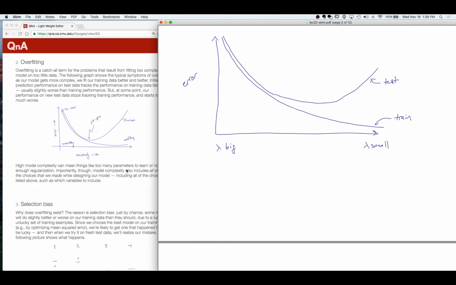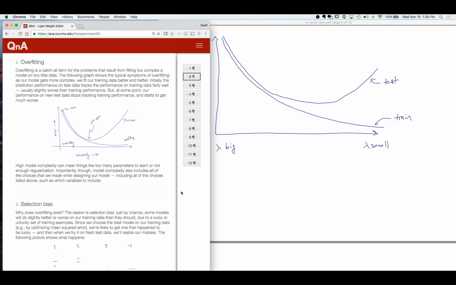And there's a lot of different ways that you can make a complex model. You can have too many parameters to learn or not enough regularization, for example. But the most important thing, and the thing which people maybe don't realize until they take a machine learning course, is that model complexity includes every choice that you've made while designing the model.